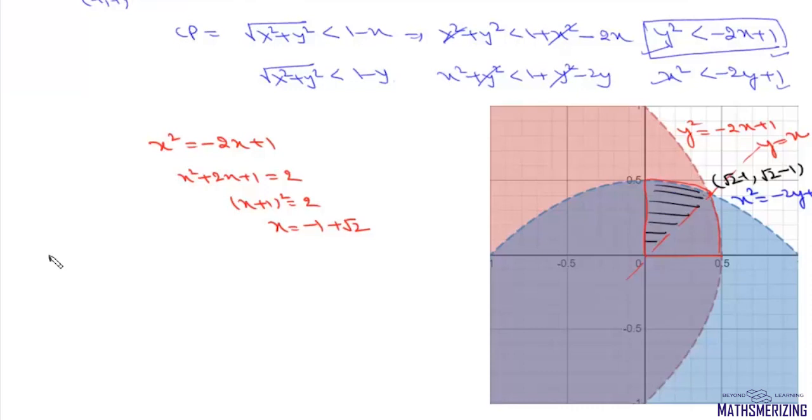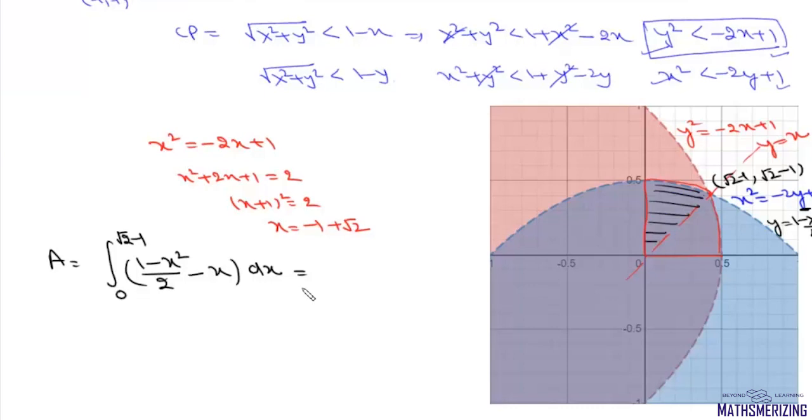So the area of this shaded region is given by this integral from 0 to root 2 minus 1, then y of upper curve. Now y of upper curve in this case is 1 minus x square upon 2. So we'll write 1 minus x square upon 2 and then minus y of lower curve, which is simply this straight line, which is x, dx.